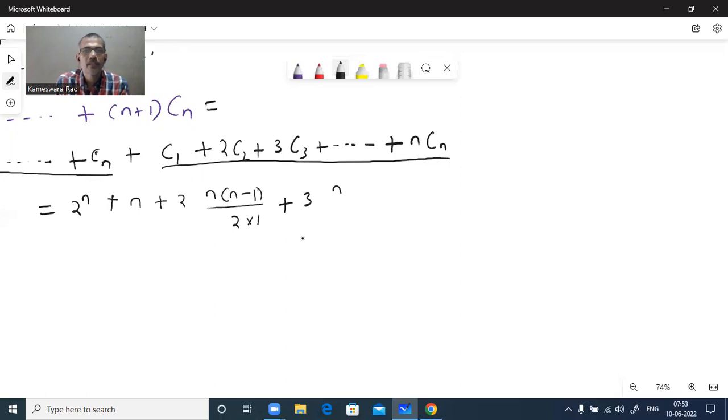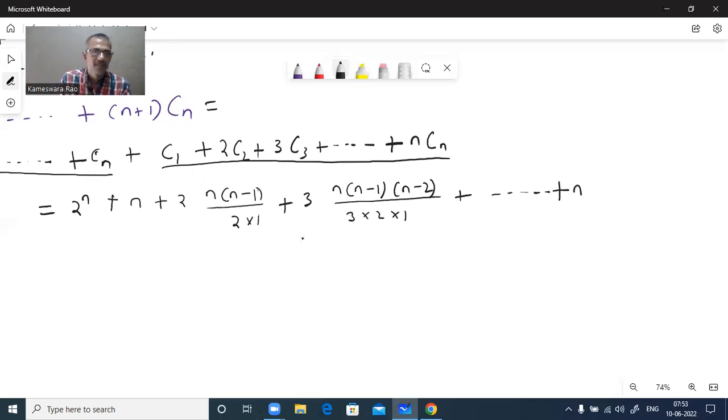Now 3 means 3 factors from n you have to write: n, n minus 1, n minus 2, reducing by 1 each time. Then 3 factorial down. This is a short way to find it. Binomial coefficients we know how to find. Next, nCn value, you know it is 1.